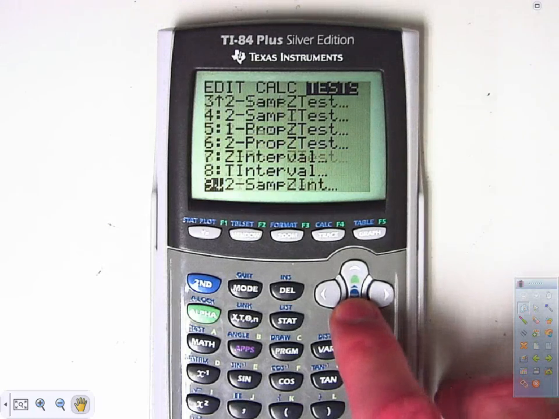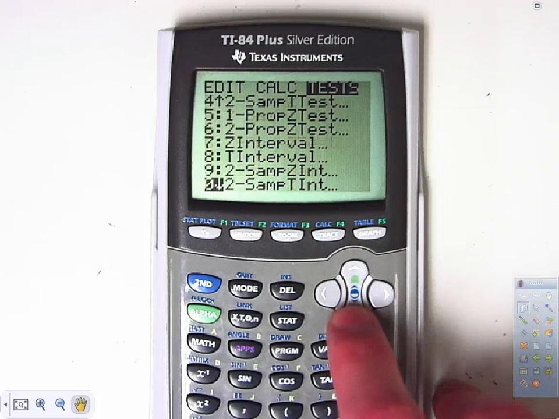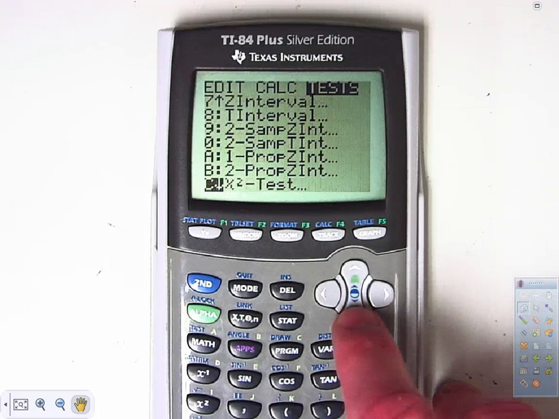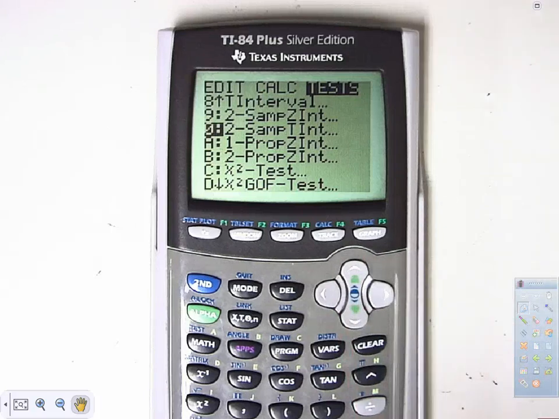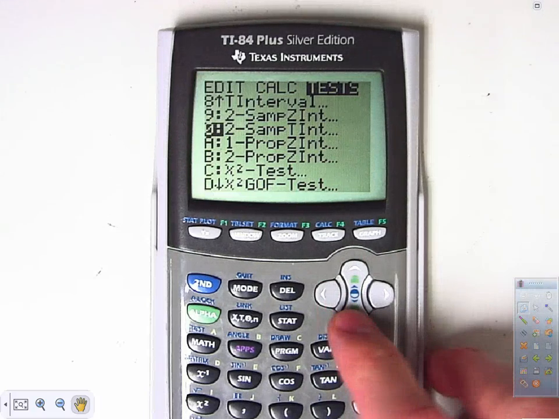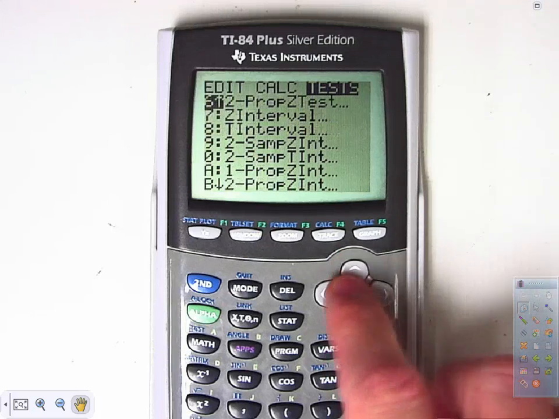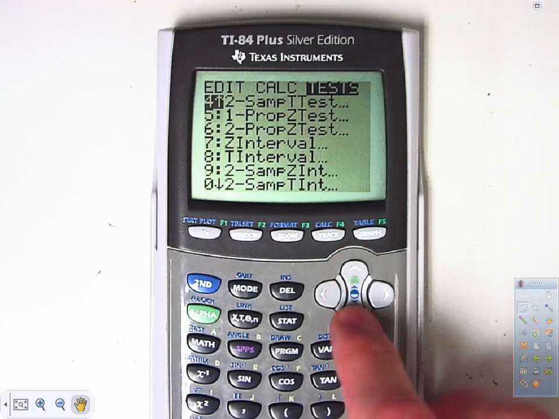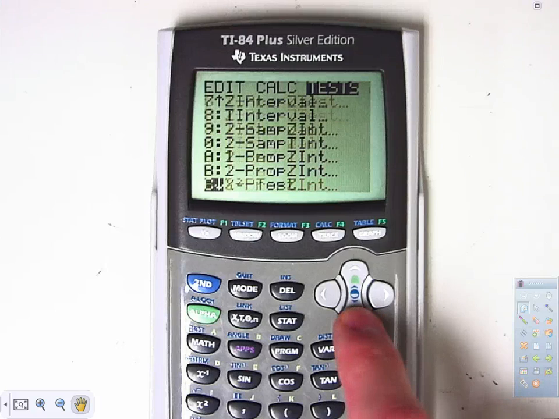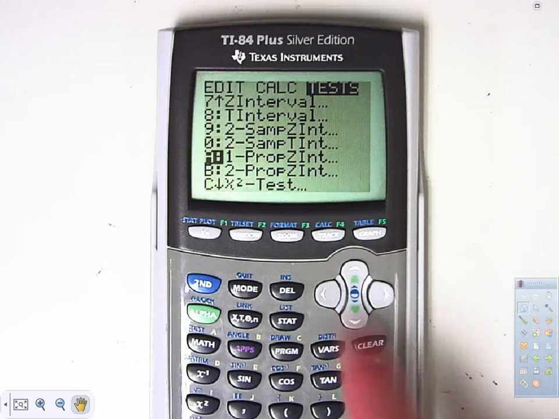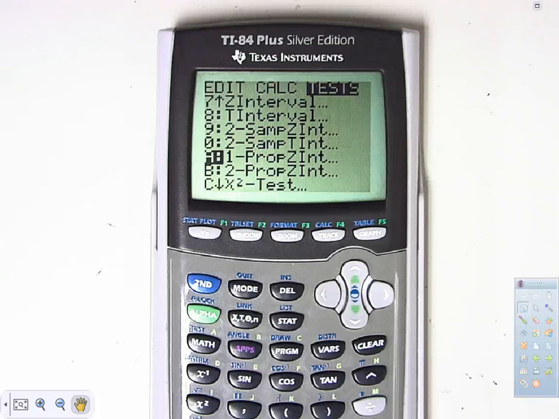If you cycle through all of these options, there are a lot of options, and so we want to choose the one that we want. We have two sample Z and T intervals, but we want a one proportion, a one sample Z interval. So we want this guy right here, a one prop Z int.